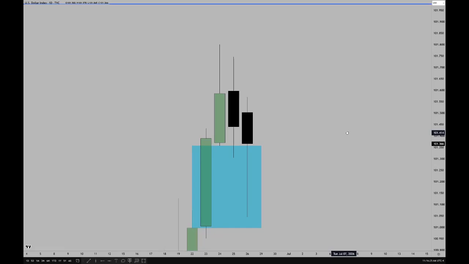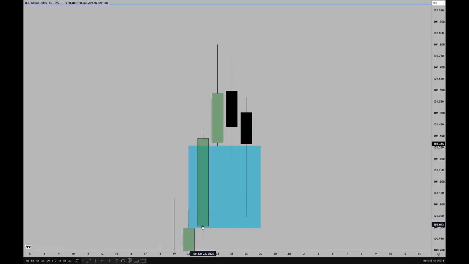So the open of this candlestick starts this price run here. It's candlestick number 2 in the fair value gap. So we're seeing the protraction higher, this displacement above these highs here, this run.